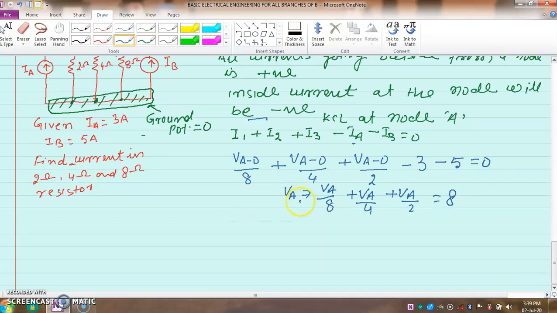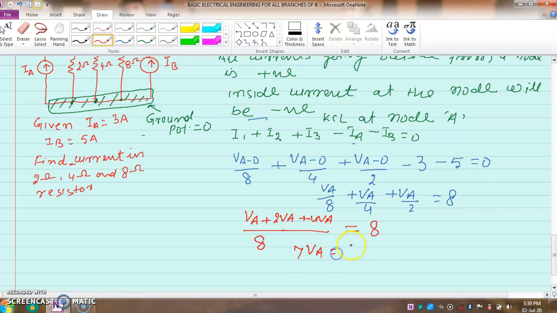Taking the LCM, which is 8, it will be VA plus twice VA plus 4 VA equal to 8. So 4, 2, 6 and 1, 7. 7 VA equal to 64. So this gives us VA equal to 64 by 7.